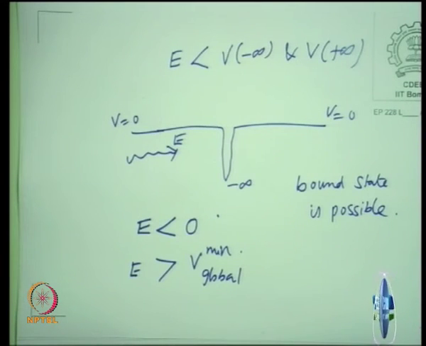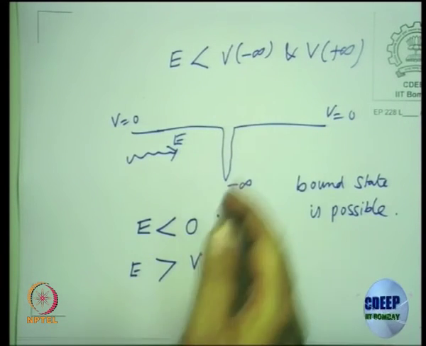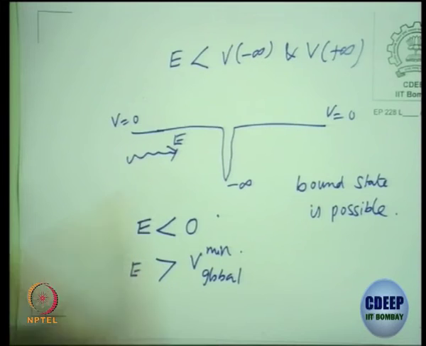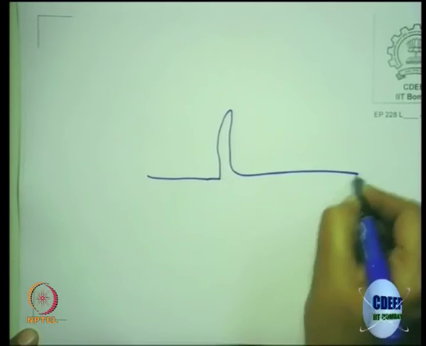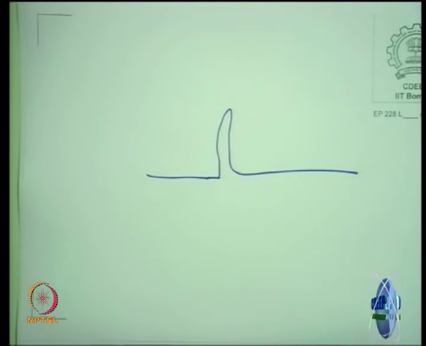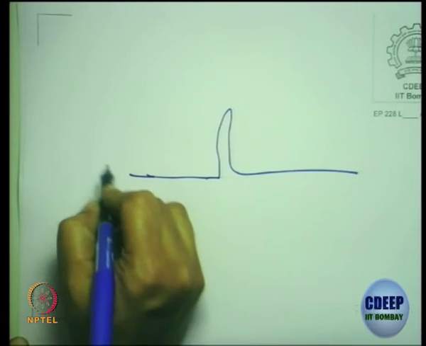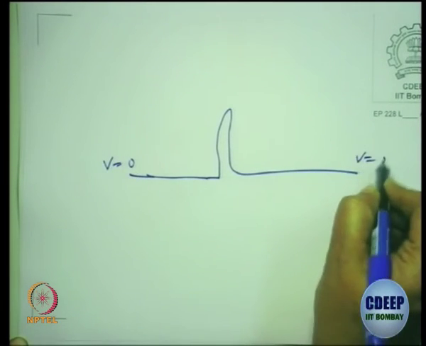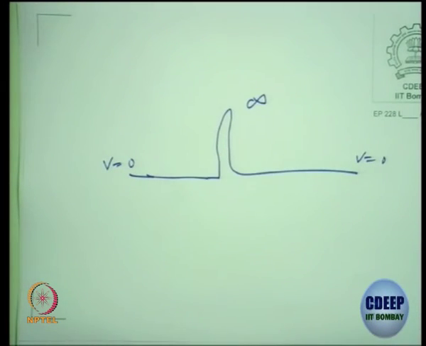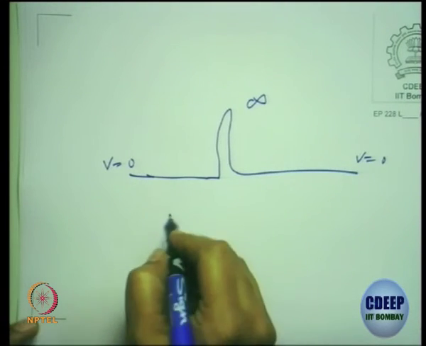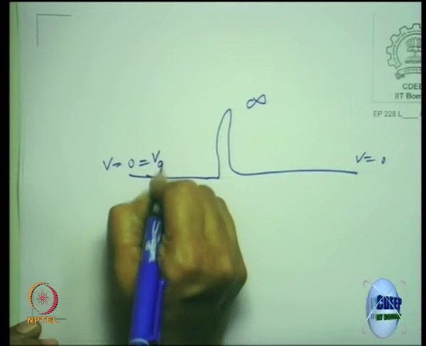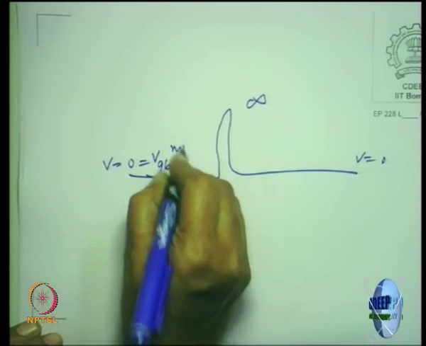It's possible. Let us make this attractive delta function a repulsive one. Let us do that. What will happen? Now tell me, will it have a bound state? Can this have a bound state? What is V global? This is also V global minimum.